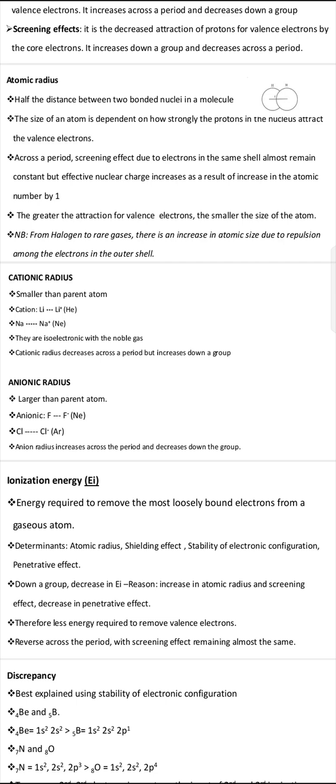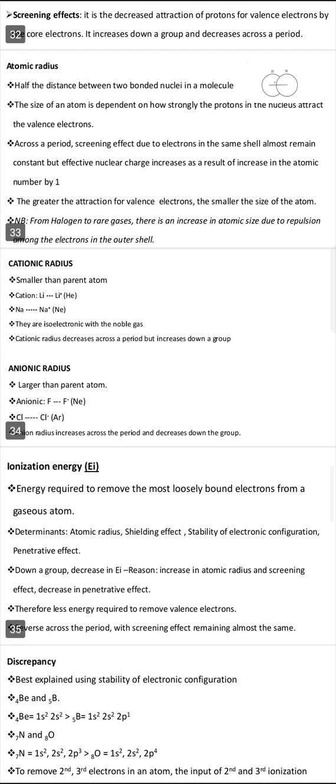So when the effective nuclear charge is high, the size of the atom will be smaller because it can pull most of the electrons to itself, making it smaller in size. But when the effective nuclear charge is very low or weak, the size becomes what? Bigger.